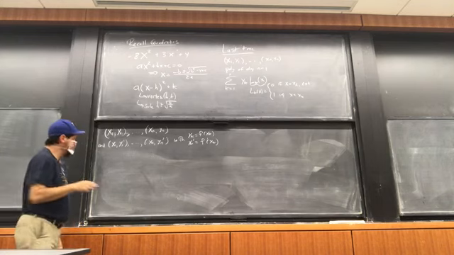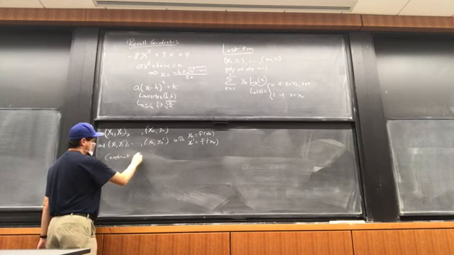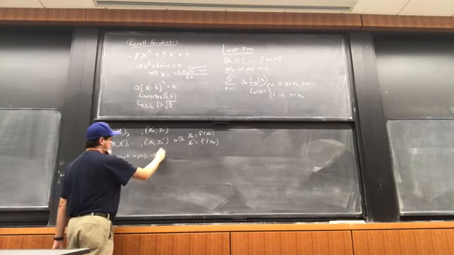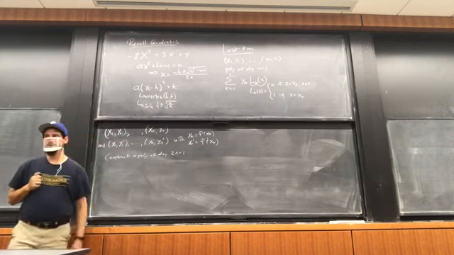And then the idea is to construct a polynomial of degree 2n minus 1 using this data.